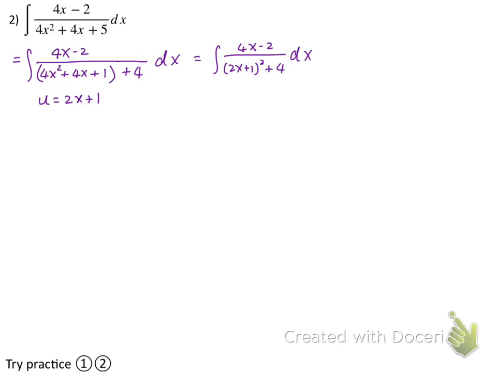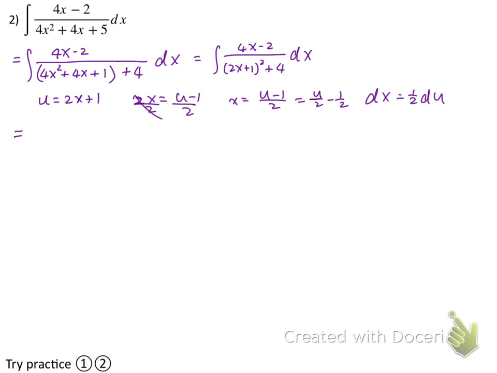You solve x in terms of u. 2x equals u minus 1, so x equals u minus 1 over 2, because you are going to replace every x in terms of u. Also the dx. You don't do du, okay? You do dx in here. So x equals u minus 1 over 2, or u over 2 minus 1/2. dx will just be 1/2 du. Okay, you do it backward.